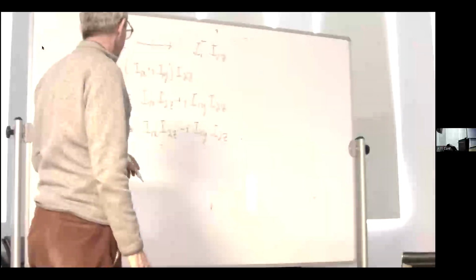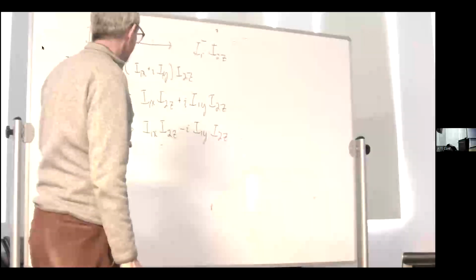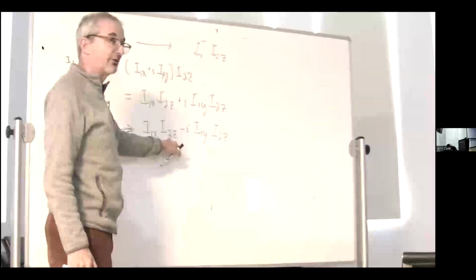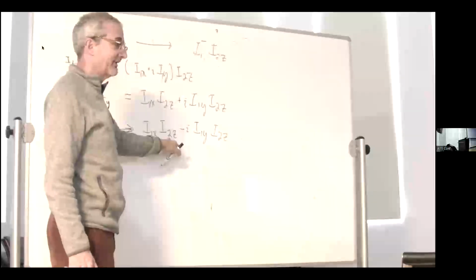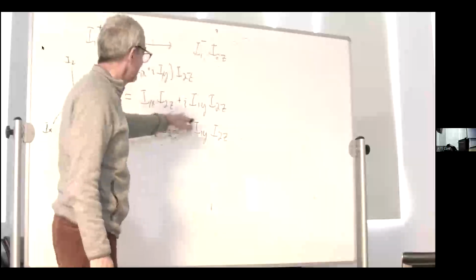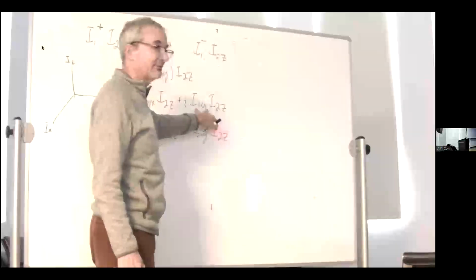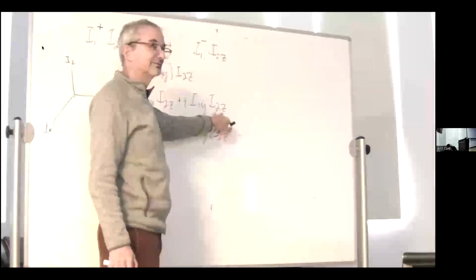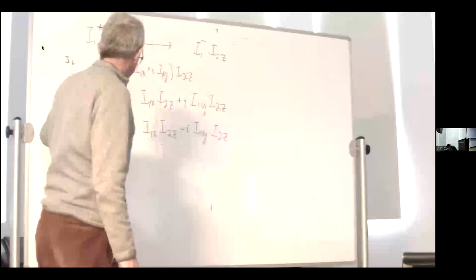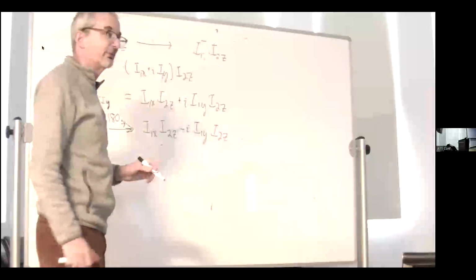So a Y pulse by 180 will flip both of these. So we'll get a minus 1 times a minus 1. And a Y pulse here does nothing to the Y spin and inverts the Z spin. So it looks like, as suggested, a 180 of either plus or minus Y will work.